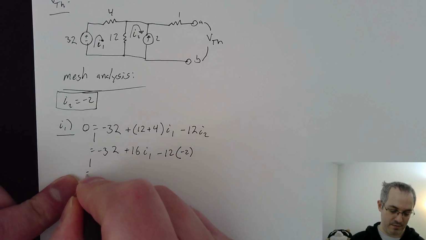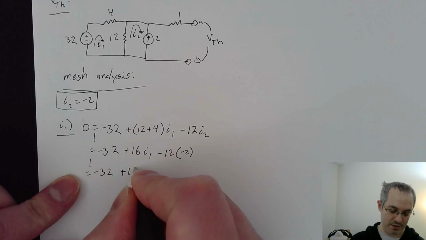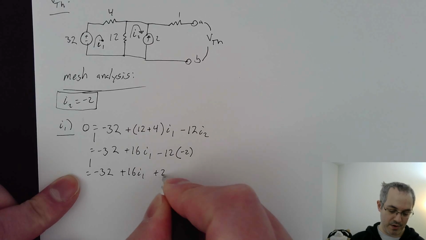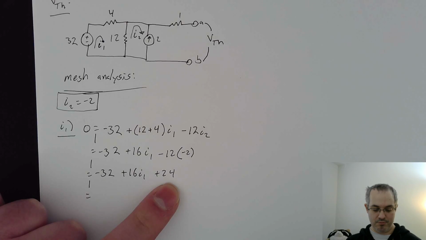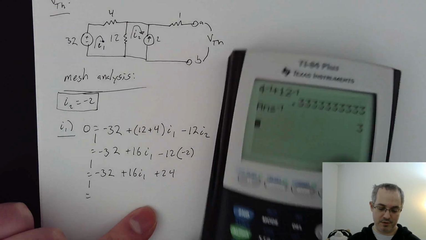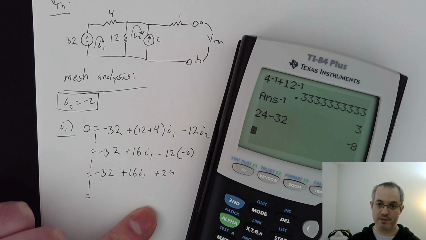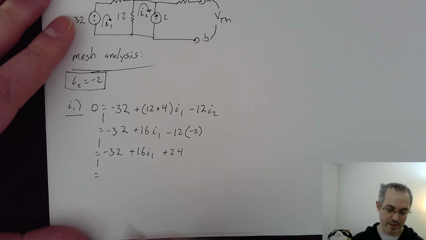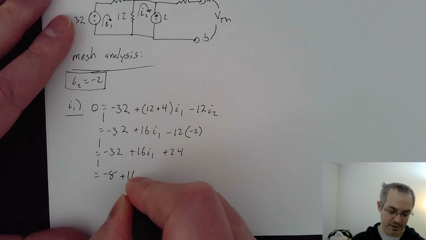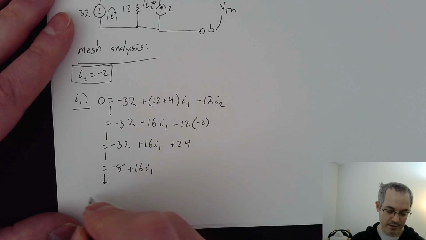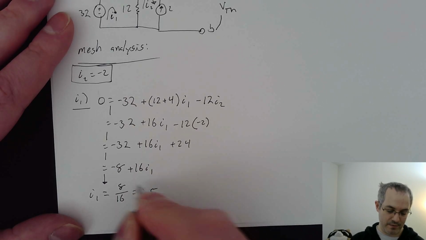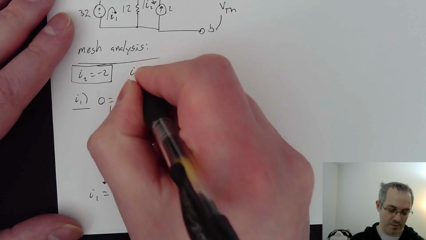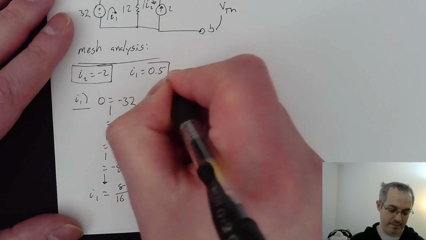Minus 32 plus 16 I1 plus 24. So 24 minus 32 is -8. Minus 8 plus 16 I1, so I1 is equal to 8 over 16, or 0.5. Right on, so I1 equals 0.5.